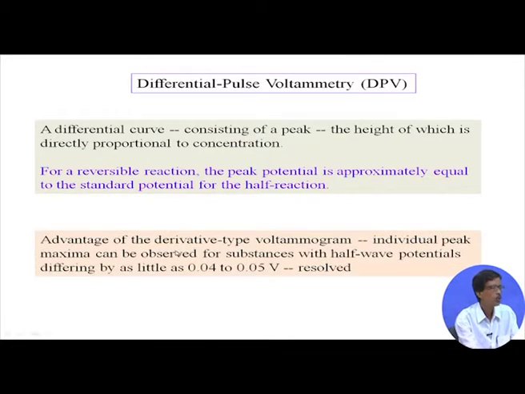But why should we go for DPV compared to CV? It has an advantage, because individual peak maxima can be observed for substances with half wave potentials differing by as little as 40 to 50 millivolts. So, resolution is very important.